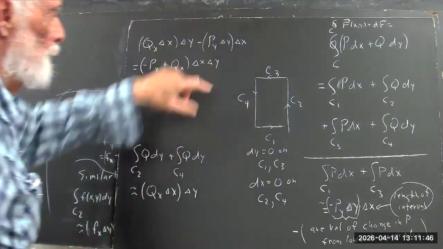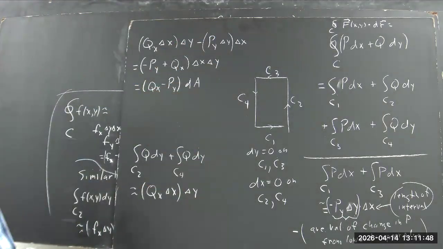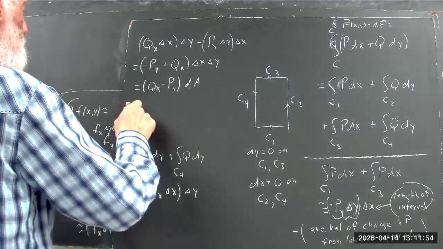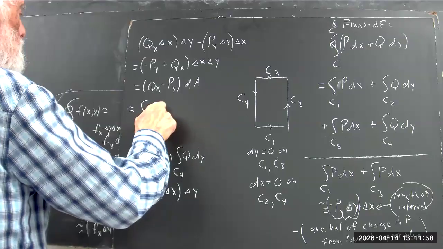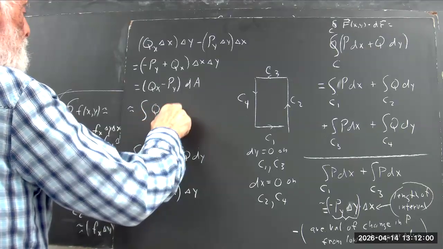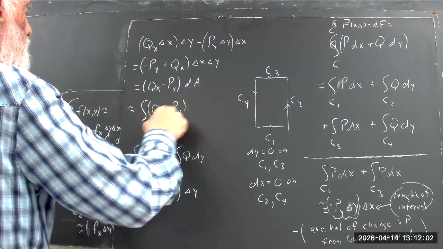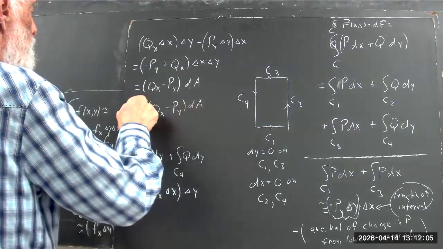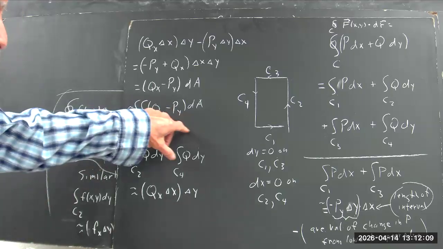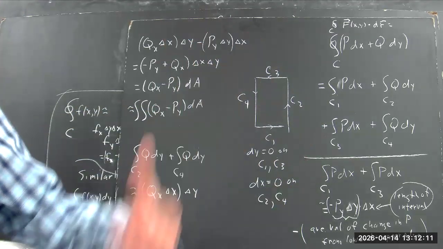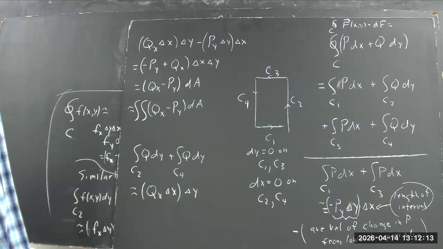And of course, delta X delta Y is your area increment, meaning then that this is the double integral of QX minus PY over the whole region. Okay.